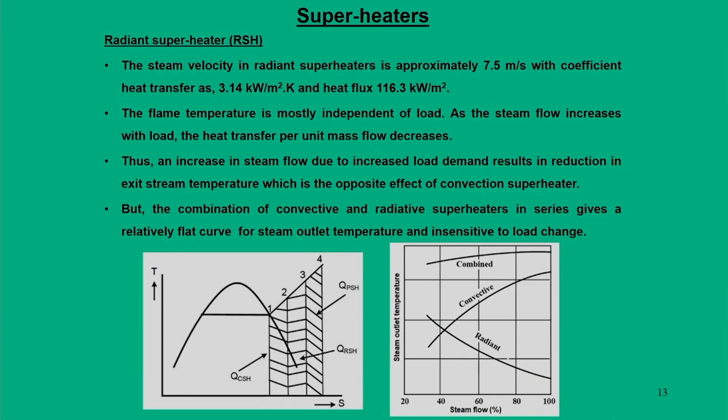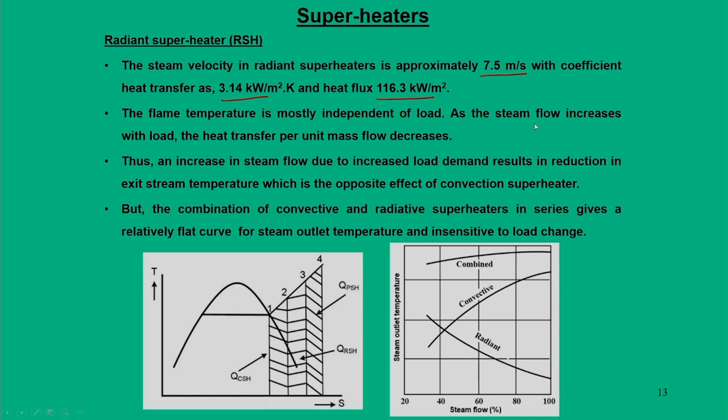Then moving further, there are other limitations. For the radiant superheater, to get the maximum benefit of the radiation mode of heat transfer, the steam velocity should not exceed 7.5 meter per second, and their heat transfer coefficients are 3.14 kilowatt per meter square with a maximum heat flux of 116 kilowatt per meter square, and the flame temperature is almost independent of load.